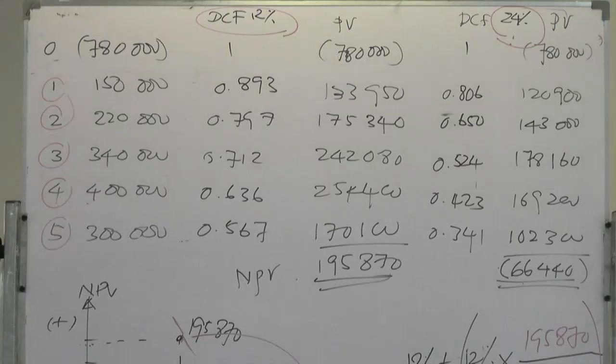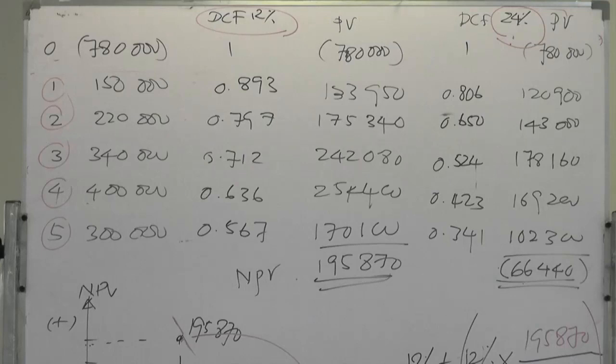Now, there is a relationship. I think you can understand the relationship on the board. What is the relationship? When the discount rate increases, NPV decreases. Therefore, there is an inverse or negative relationship between NPV and cost of capital. Therefore, answer A is incorrect. It is not a positive relationship. It is a negative relationship between NPV and cost of capital.